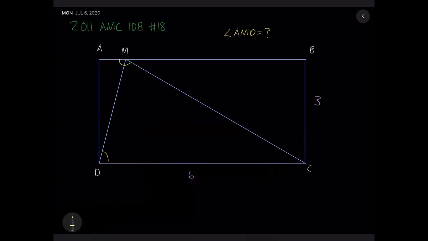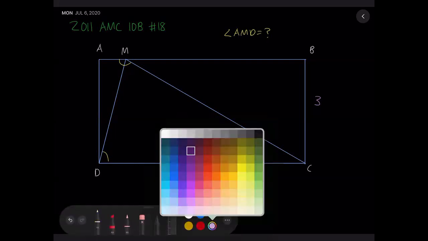So if you look over here at triangle CMD, we now have an isosceles triangle. So let's just mark that down. This is 6.